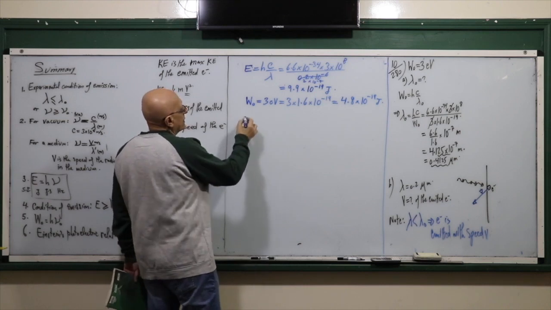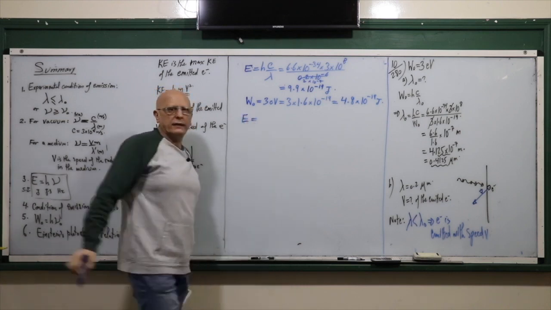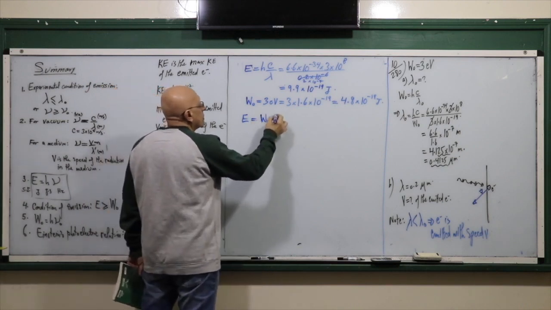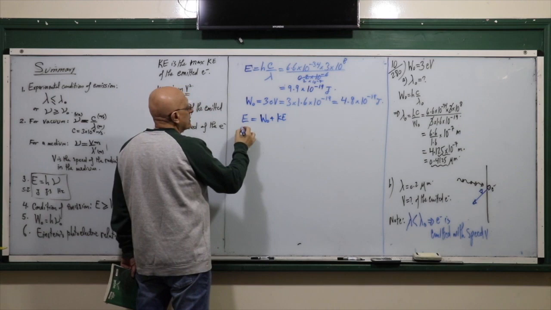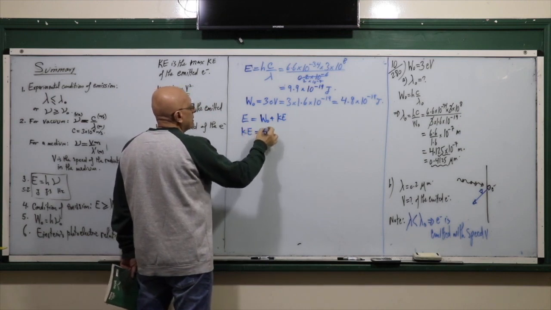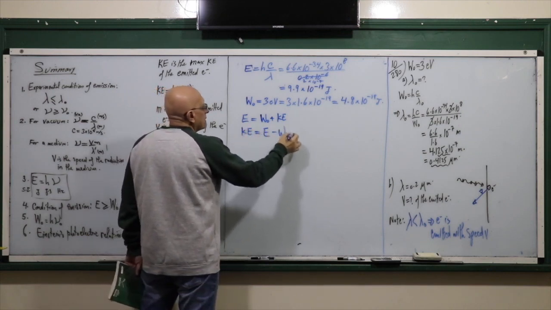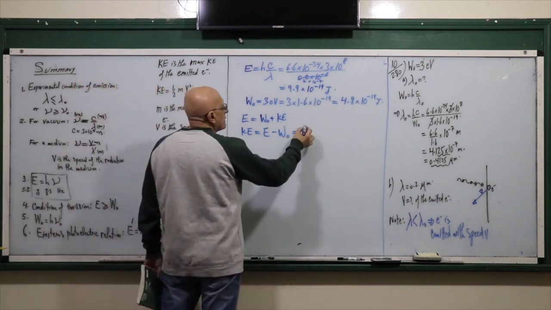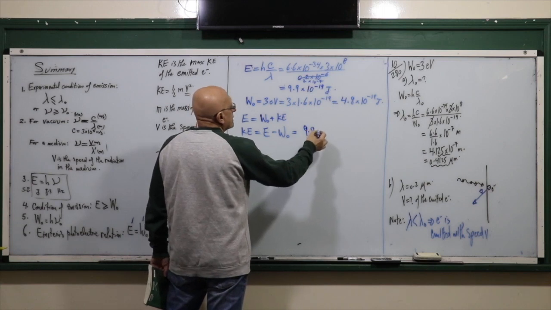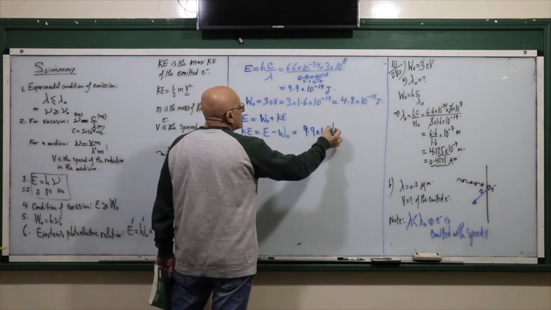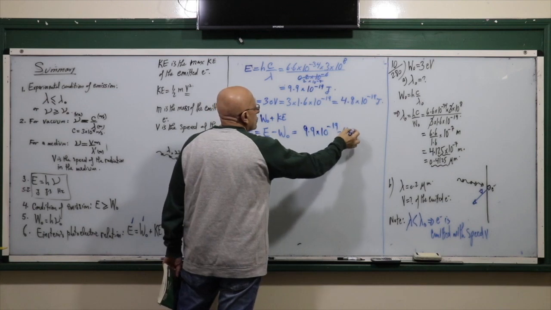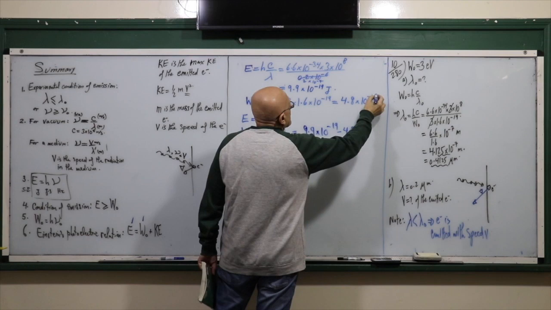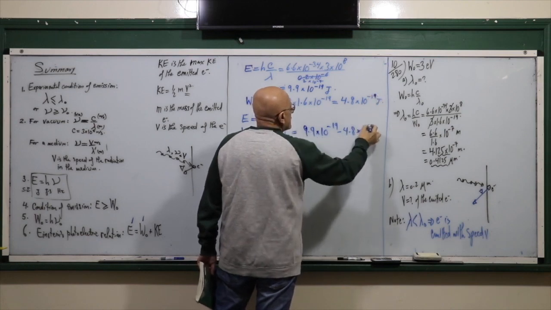From Einstein's relation, the energy is equal to W naught plus the maximum kinetic energy, which means maximum kinetic energy equals E minus W naught. So it gives you 9.9 times 10 power minus 19 minus 4.8 times 10 power minus 19.